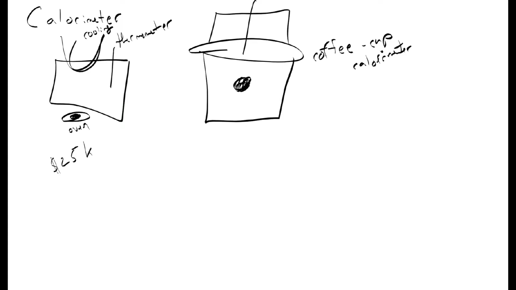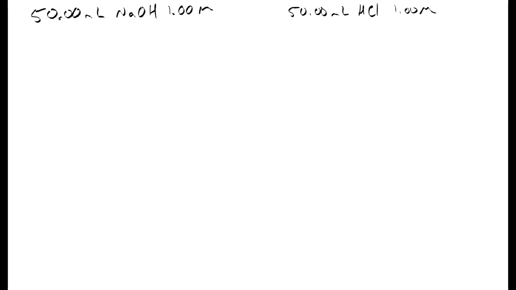Now let's do some scary calorimeter math. So let's say you have 50 mils of sodium hydroxide at 1 molar and 50 mils of hydrochloric acid, 1 molar.